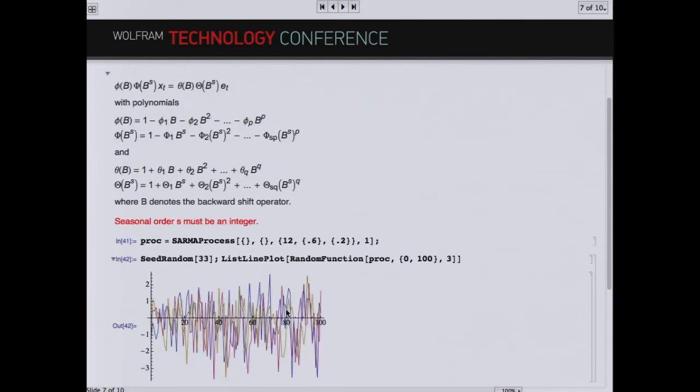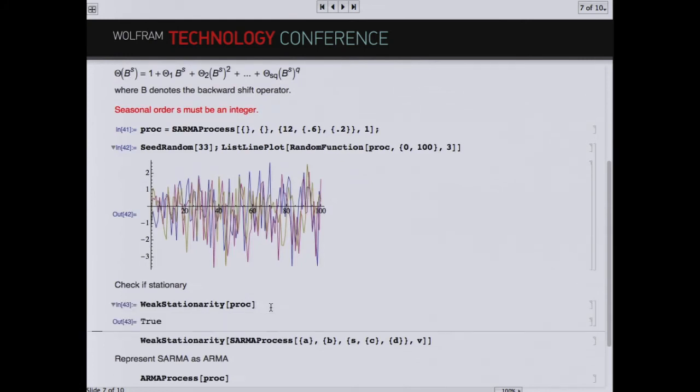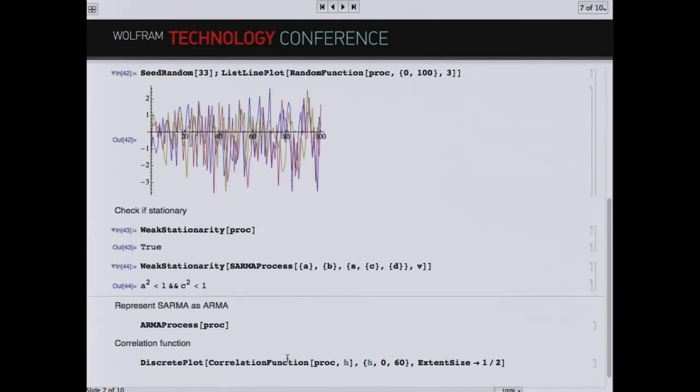It oscillates around 0. Is it stationary? In our example, yes, that's a possibility. And when we look at the general SARMA process with symbolic parameters, we see that weak stationarity depends on the AR coefficients, both the standard ones and the seasonal ones.